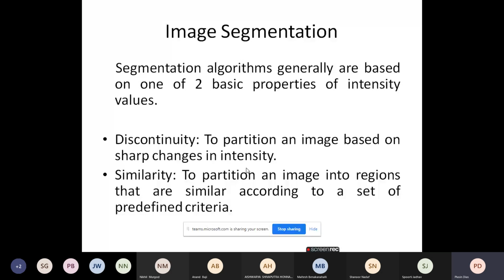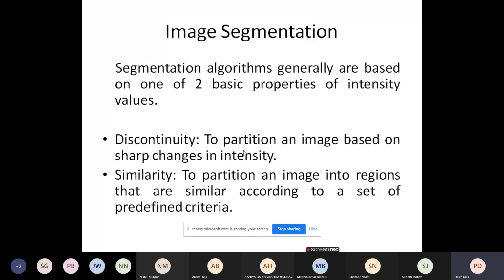So try to analyze, because in the next class we are going to take up the mathematical aspect of segmentation algorithms. Today we'll try to understand the terms which are involved in the image segmentation process, so that the mathematical modeling as well as the theoretical concept related to image segmentation will be very clear.